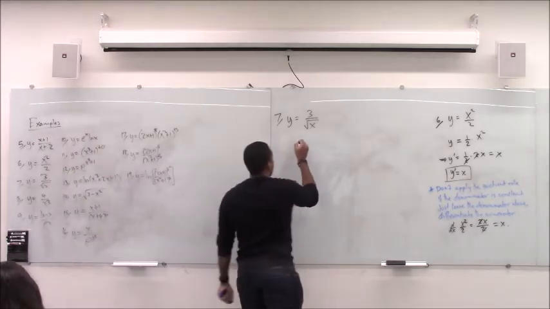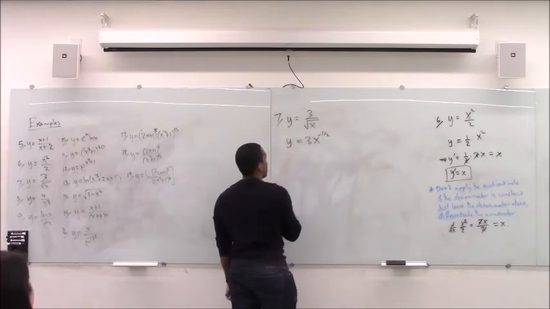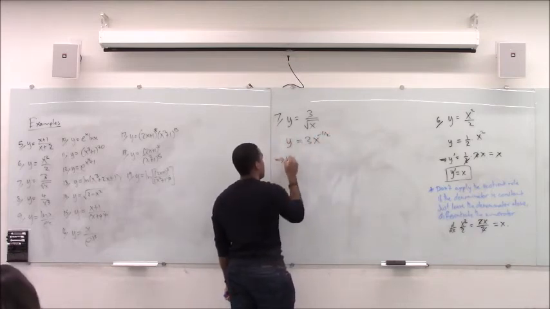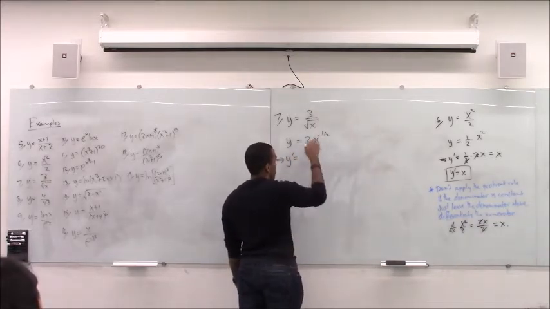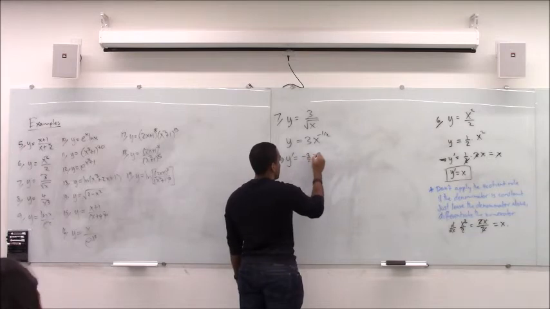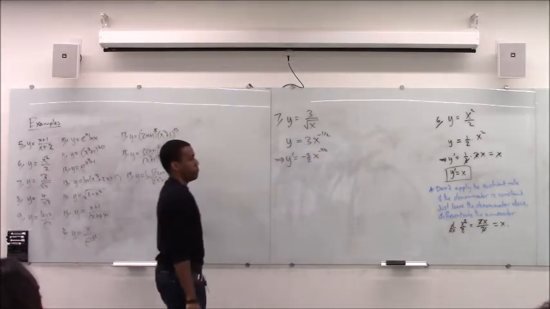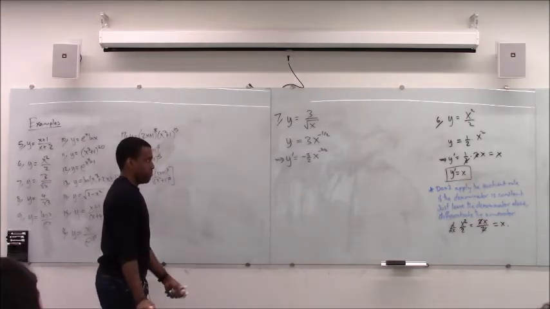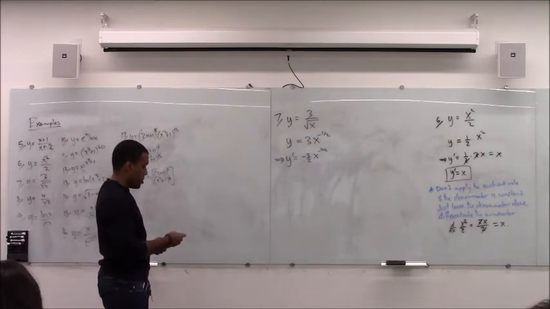Right, you can rewrite this as 3x to the negative 1/2, right? So that's the function. And now you can differentiate it using the power rule, which you know. Bring the power down, subtract 1 from the power.